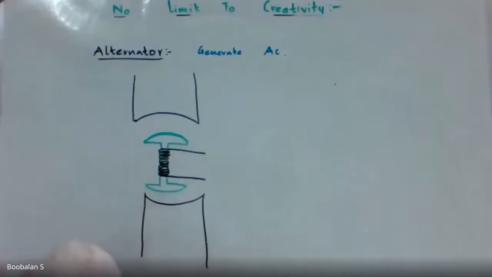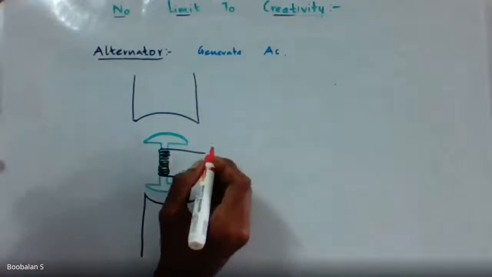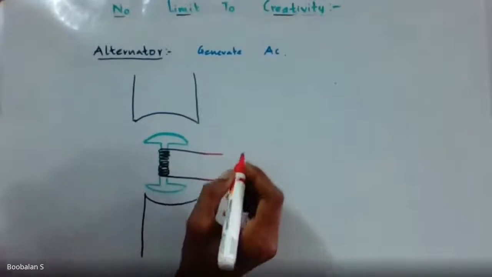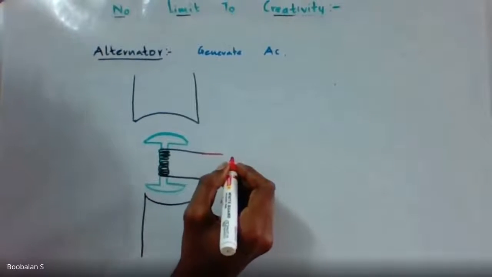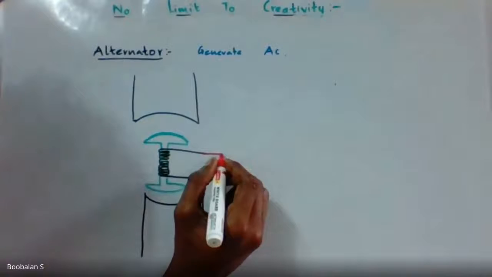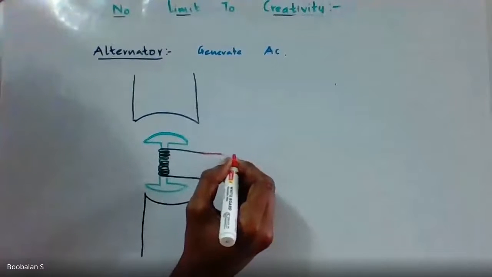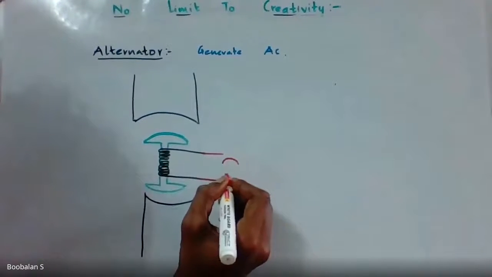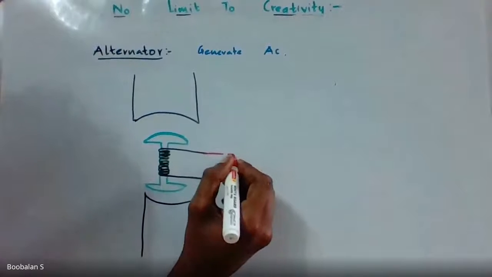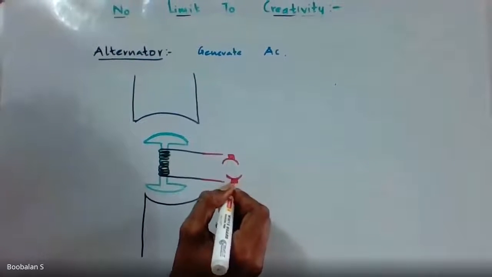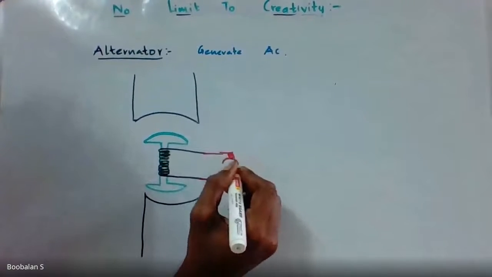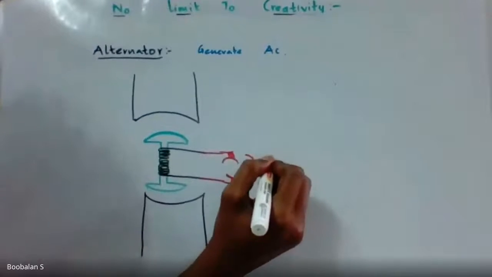I'm going to apply DC power supply over here, with the help of brush and carbon. I'm going to have a two-brush arrangement, with brushes, and I'm going to rotate this.